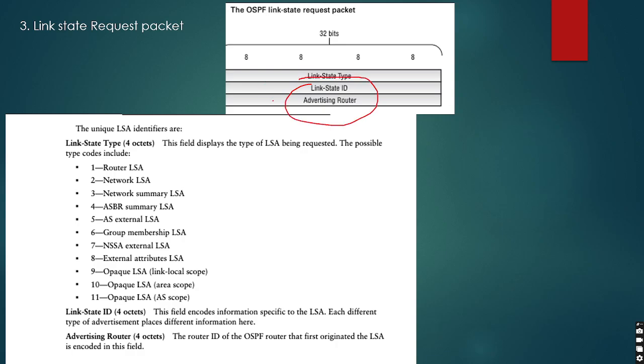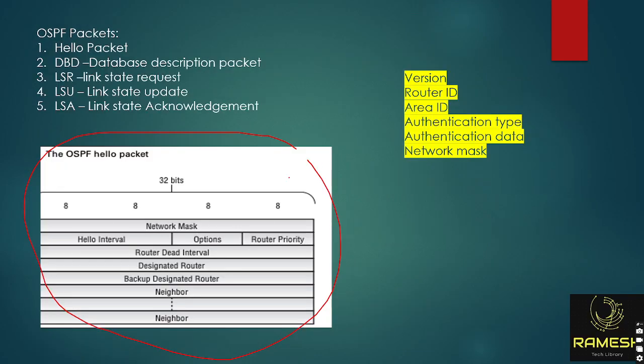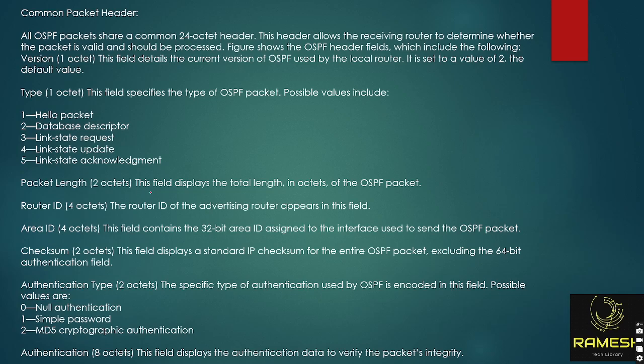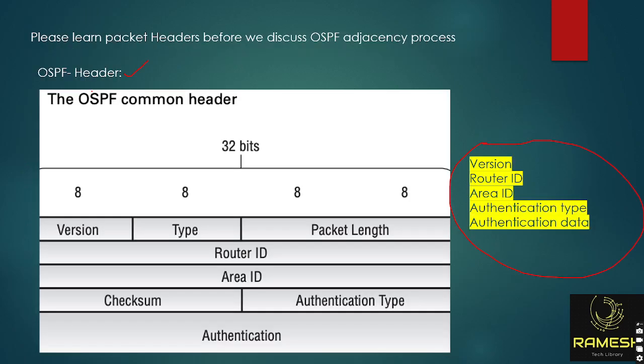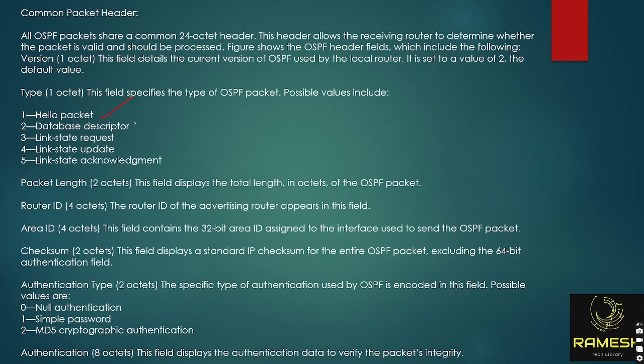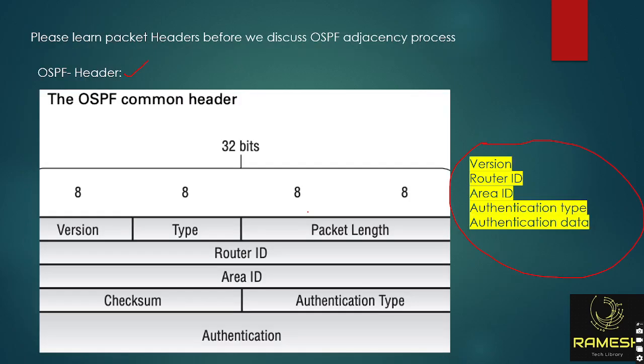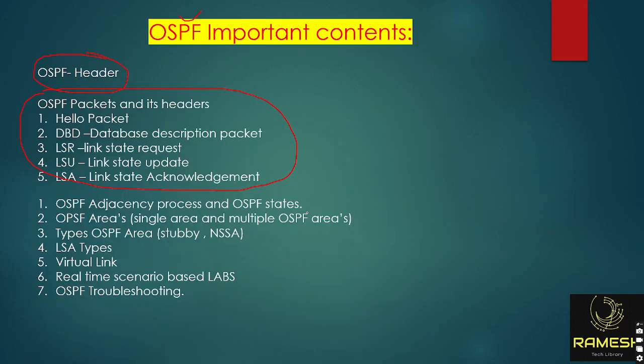Today you learned the link state packet header, but tomorrow you need to prepare these three headers: the OSPF header, the hello packet header and the DBD packet header. Please prepare these three packet headers before joining tomorrow's class. Okay, very important.